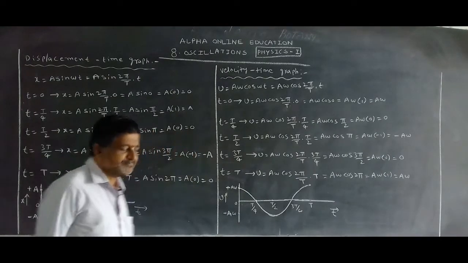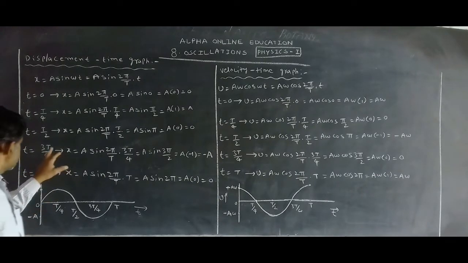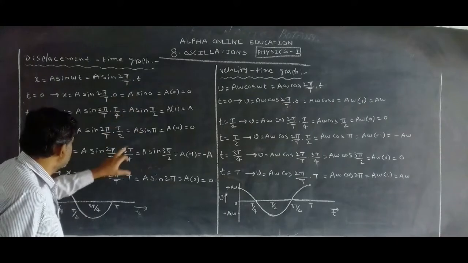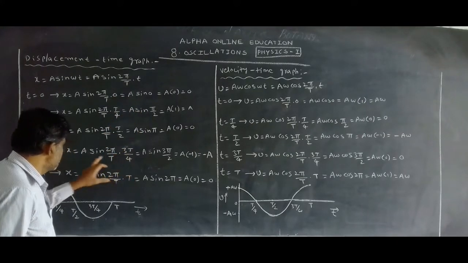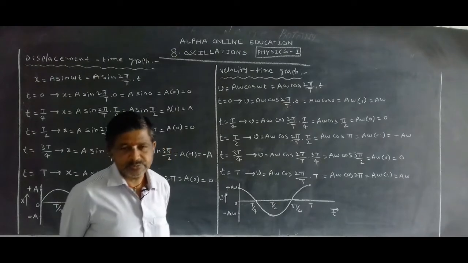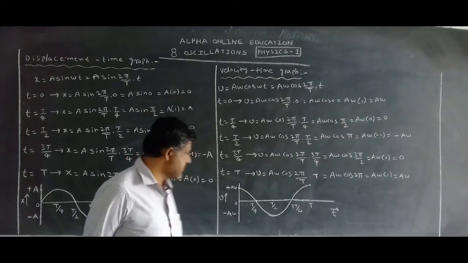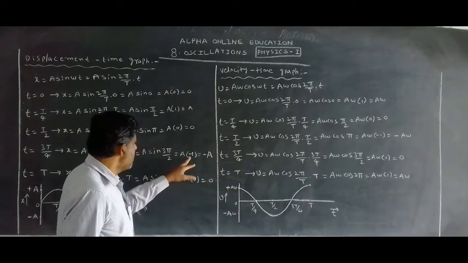The answer is 0. After that, t is equal to 3T by 4, which means three fourths of the time period. So what we get: x is equal to A sin(3 pi by 2). Sin 3 pi by 2 is sin 270. Sin 270 is minus 1.